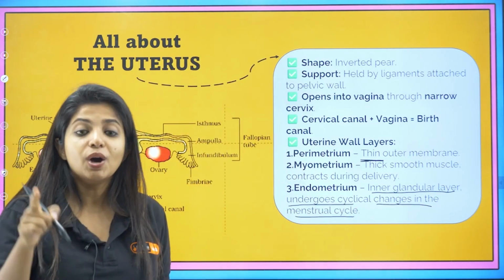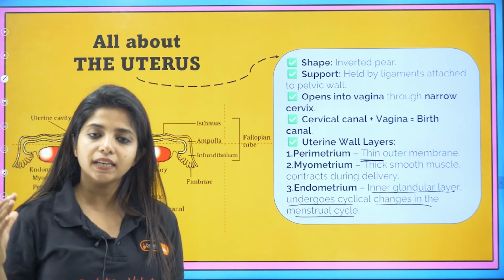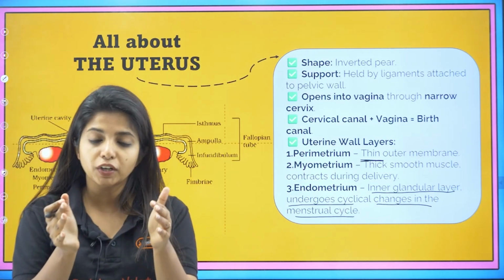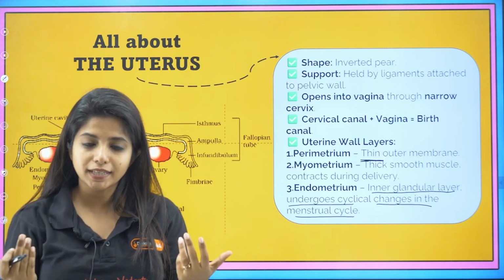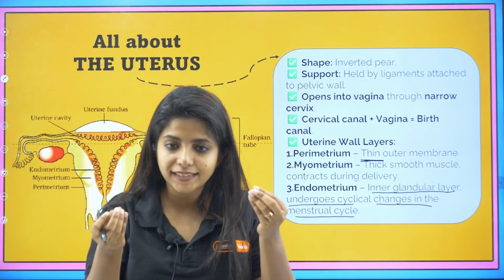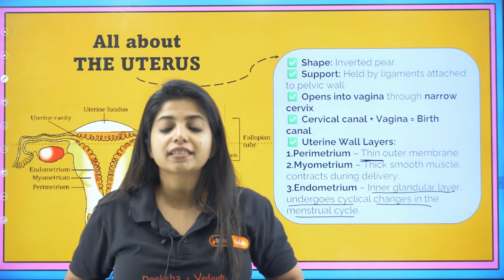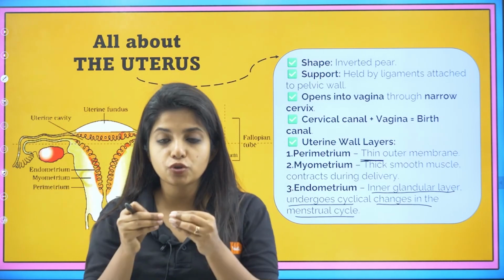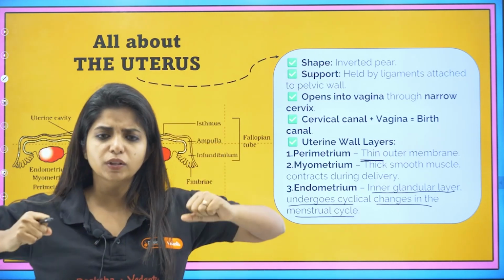This is again a question: which is that particular layer that undergoes cyclic changes? Cyclic changes means basically the endometrium becomes thickened at one particular point of time. Every month a female menstruates, a female releases eggs and waits for the sperm to come in. When it happens, my dear children, the body is actually waiting for fertilization to happen, which is why the endometrium will thicken itself.